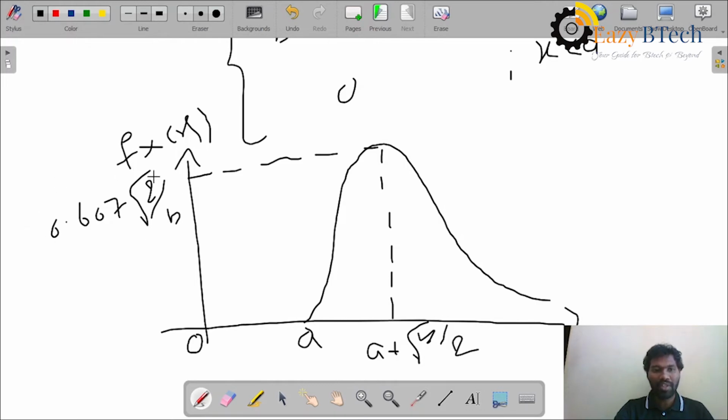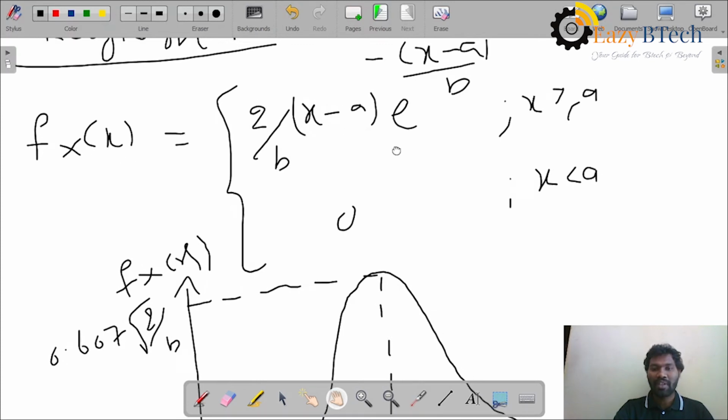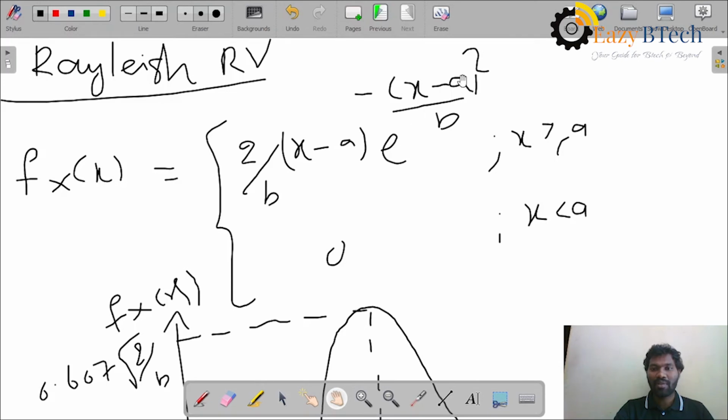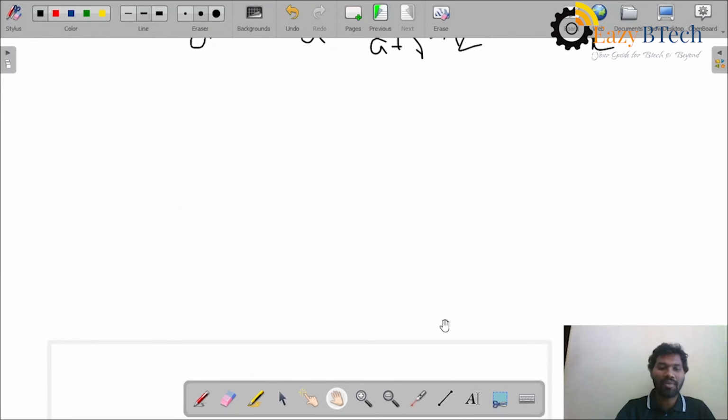So this is the probability density function of the Rayleigh random variable: 2 by b into x minus a into e power minus x minus a whole square by b for x greater than or equal to a, 0 for x less than a.